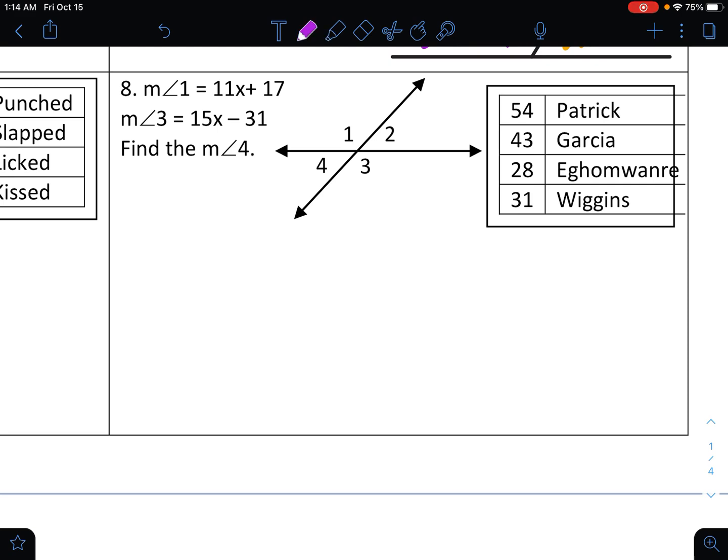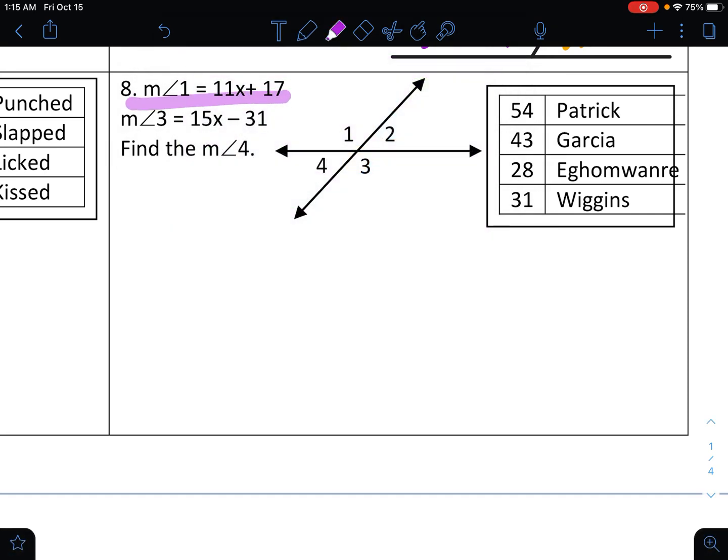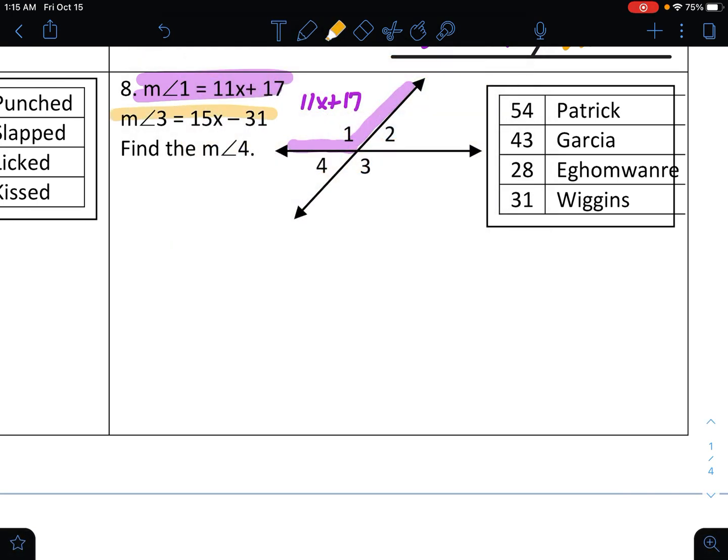All right, number 8, let's see what's going on. The measure of angle 1, you know what, I'm going to use the highlighter for this because I'm going to mark the figure. All right, so this is angle 1 here, and it is 11x plus 17. Then we have angle 3 is here.